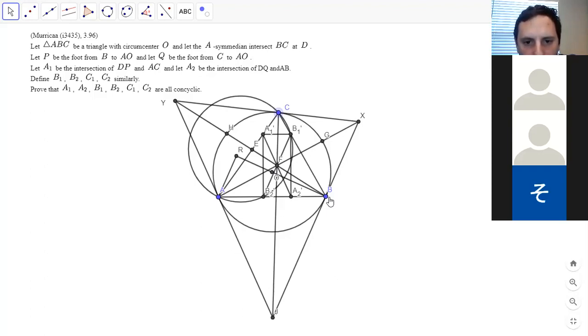We could try projecting through B. I think we kind of already tried this. So then we would get ACHB is harmonic, and that's kind of obvious.